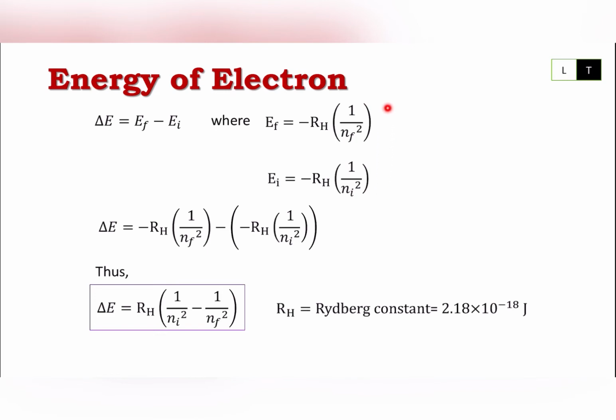You have this formula that you've learned so far. I insert this into delta E, and then simplify it into a new form. R_H is the Rydberg constant, and the value to be used is 2.18 exponent negative 18 joule. Once you put all the values into this formula, you will have the specific unit for delta E. Your energy difference is in joule.